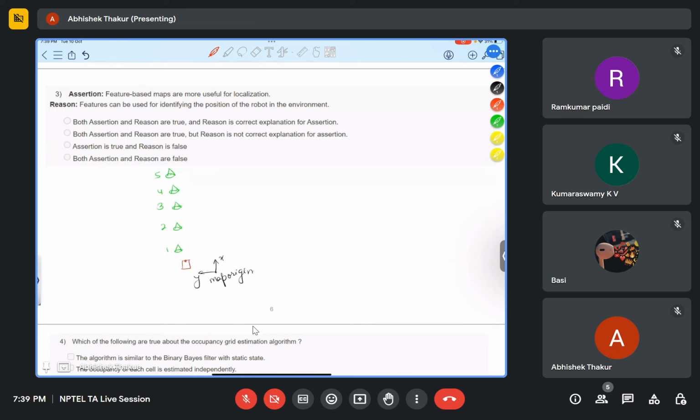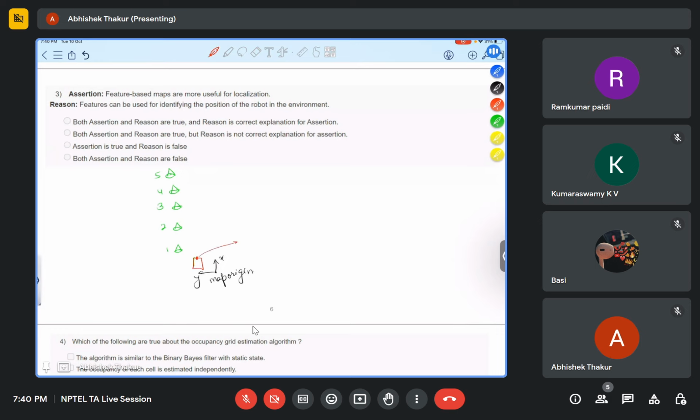So when it is moving, let's suppose the sensor is attached here, which gives data in a 180-degree field of view.